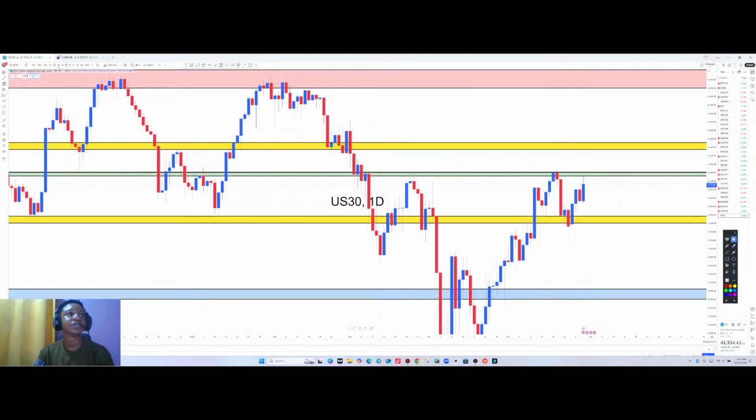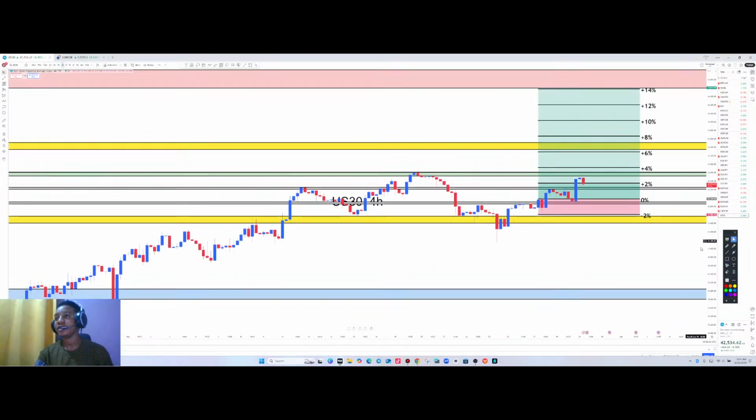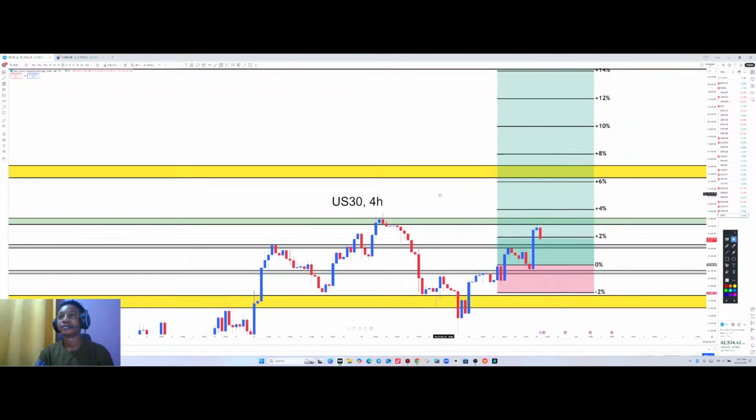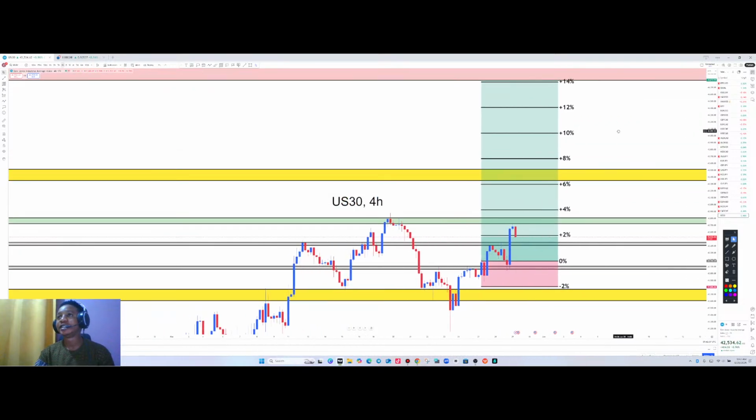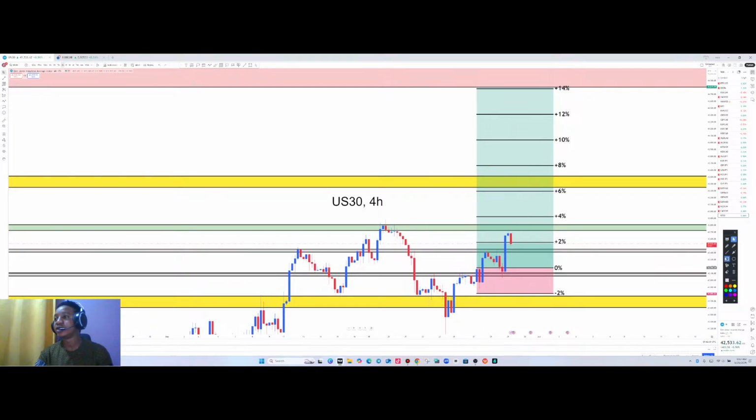So let's go to the lower time frame, which is the 4-hour time frame. This is the 4-hour time frame. If you remember, on Tuesday when we did our live session, I told you guys that price is giving us a morning star candle, which is closing above the 4-hour resistance level over here. So what you can do is pick your buy right after the candle close, and that's what I did.